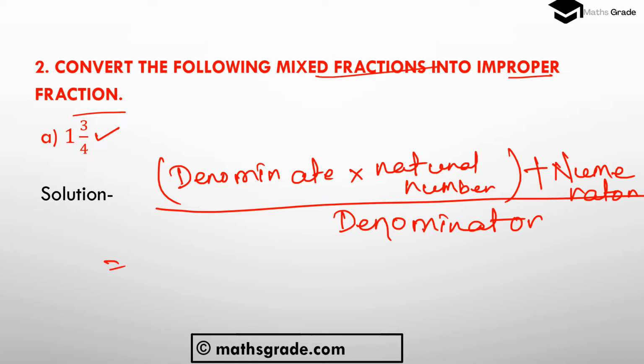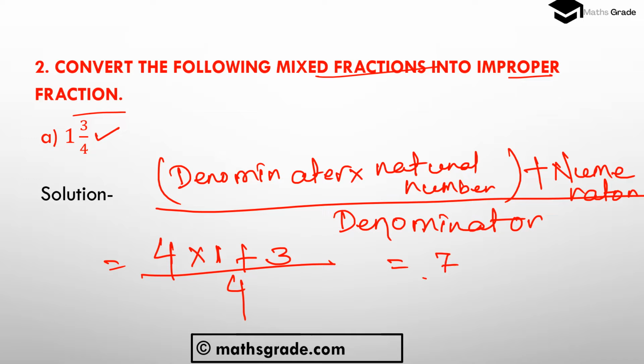So here the denominator is 4. 4 multiplied with the natural number 1, that is the whole number 1, plus the numerator 3, divided by the denominator 4. So 4 multiplied with 1 is 4, 4 plus 3 is 7, so 7 divided by 4.